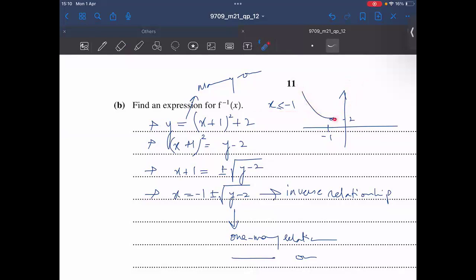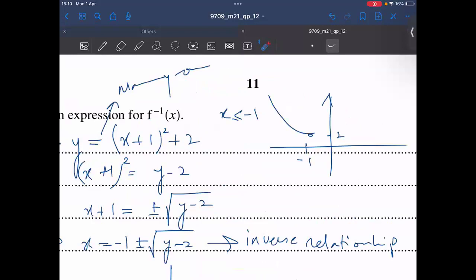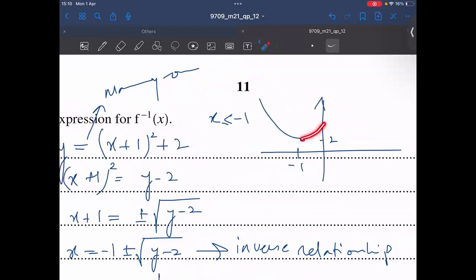If you look at this section of the curve, it is representing a one-to-one function, or the graph of a one-to-one relationship, because now this graph is not turning.